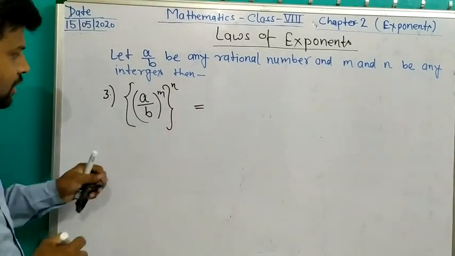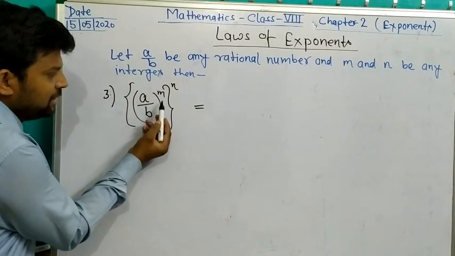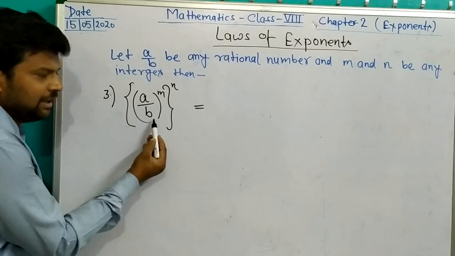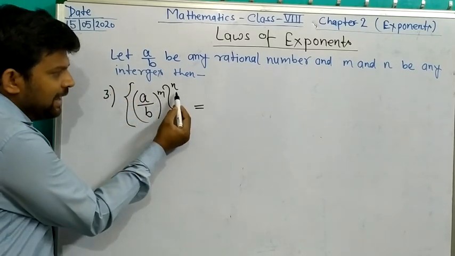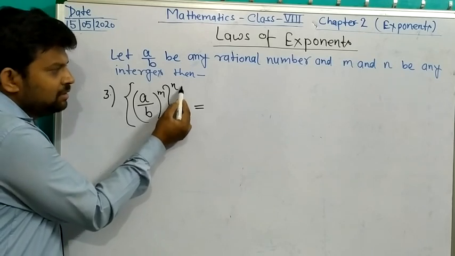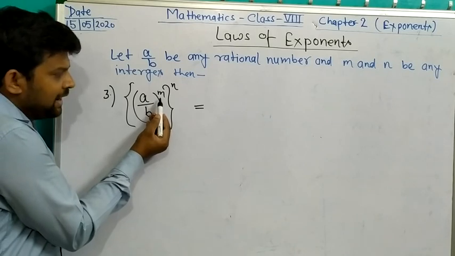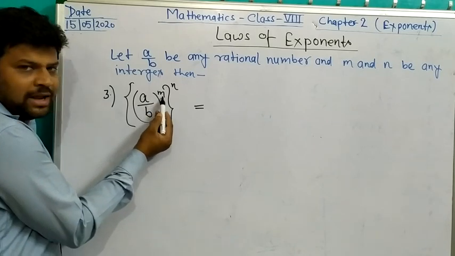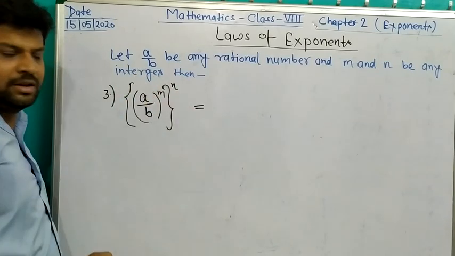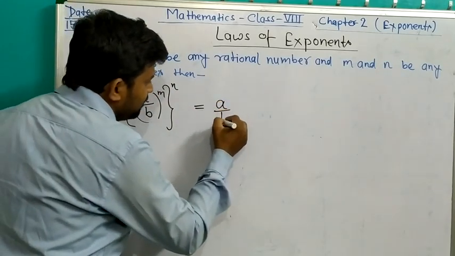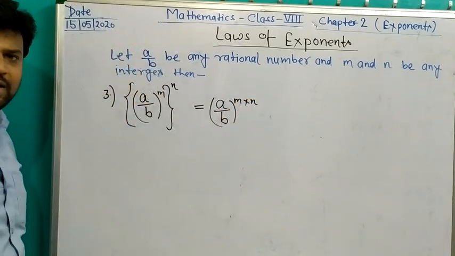It means m is the power of a upon b, and a upon b is the base of m. And n is the power of (a/b)^m, and (a/b)^m is the base for n. Now we write (a/b)^(m multiplied by n).